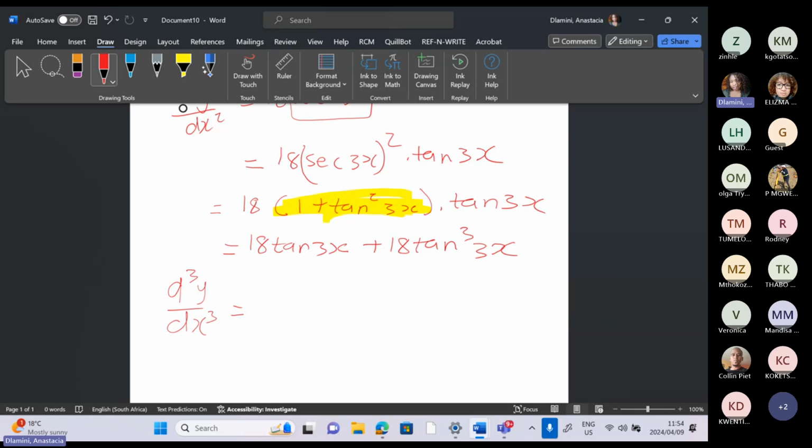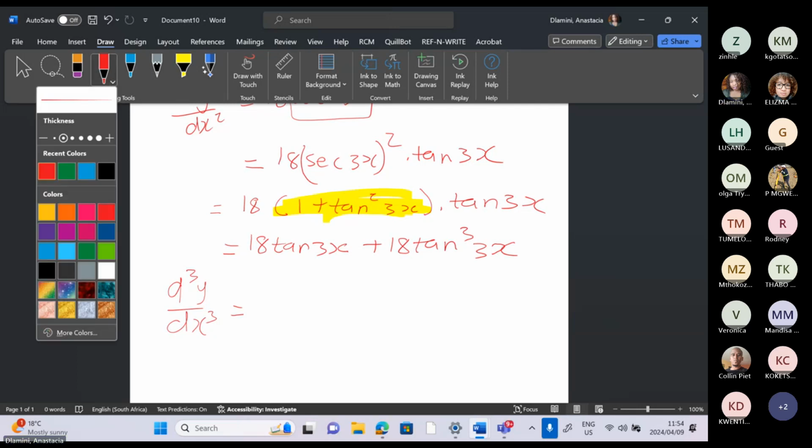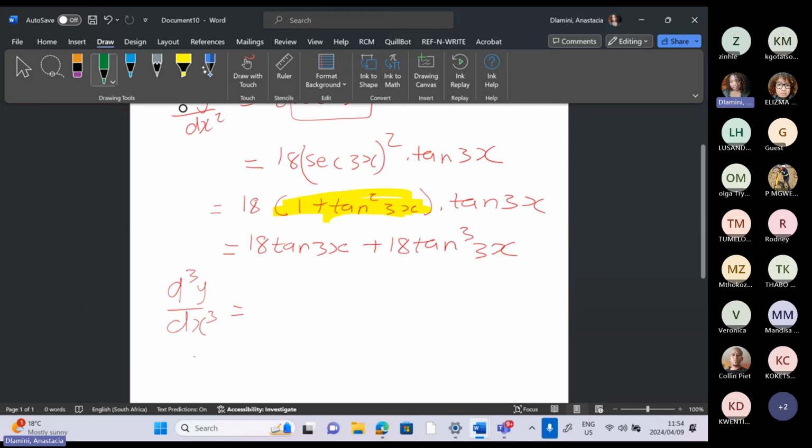We know if we differentiate tan, the derivative d over dx of tan f of x is sec squared f of x times f prime of x.